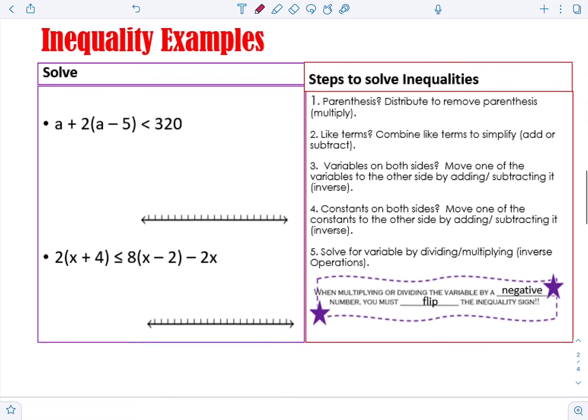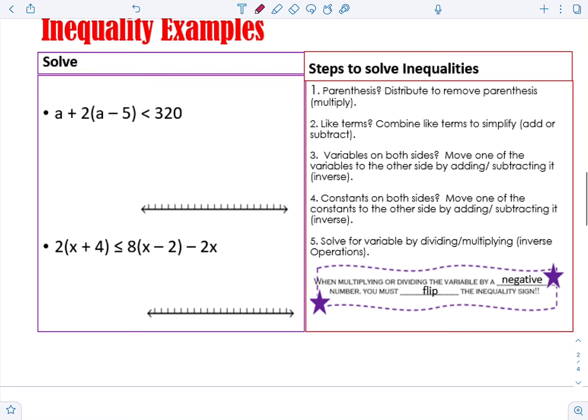We have some more examples here that we can complete. So we have a plus 2 times a minus 5 is less than 320. Now, we got to go through these steps. Is there parentheses? You got it. It is.